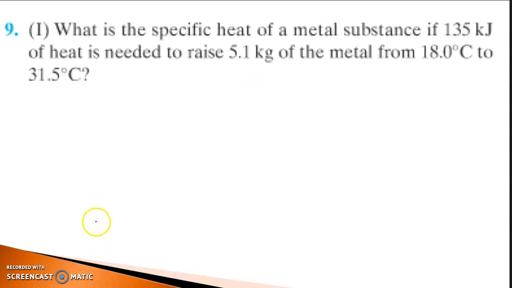All right, let's take a look at a quick example here. So let's say that we want to find the specific heat of a metal substance if 135 kilojoules of heat is needed to raise 5.1 kilograms of the metal from 18 degrees Celsius to 31.5 degrees Celsius. Again, go ahead and pause the video, and we'll take a look when you're ready.